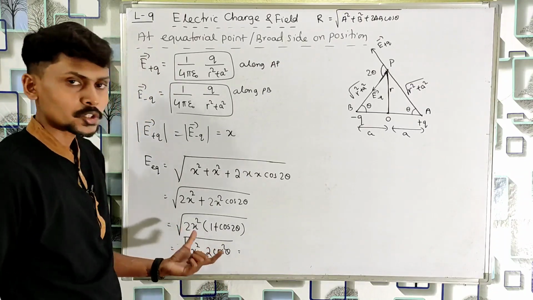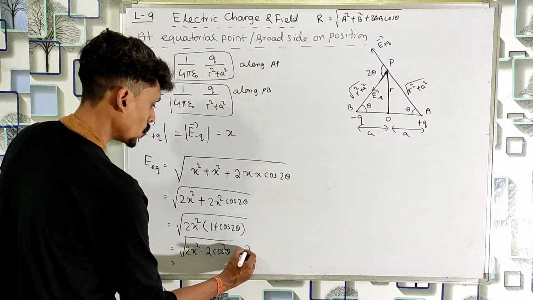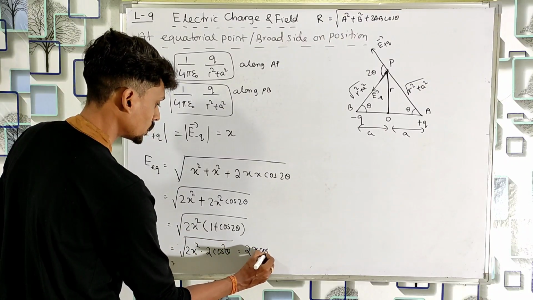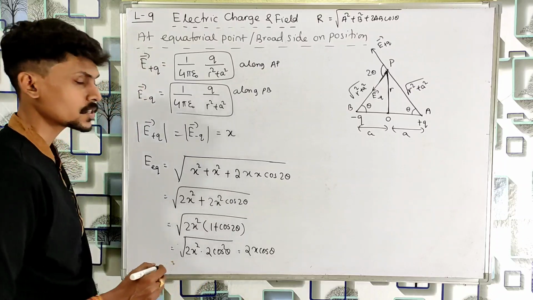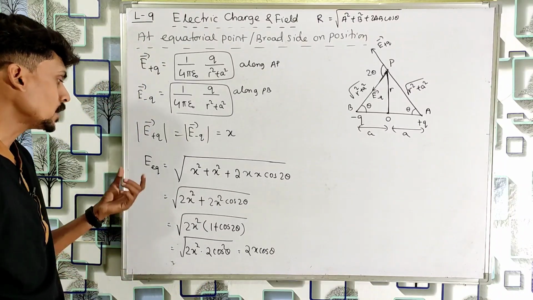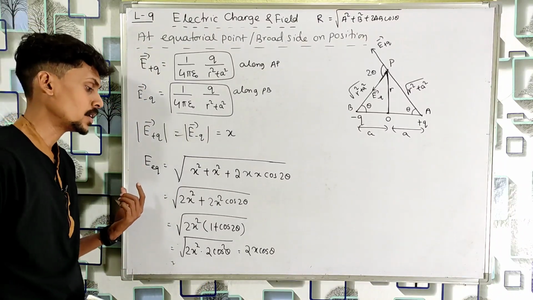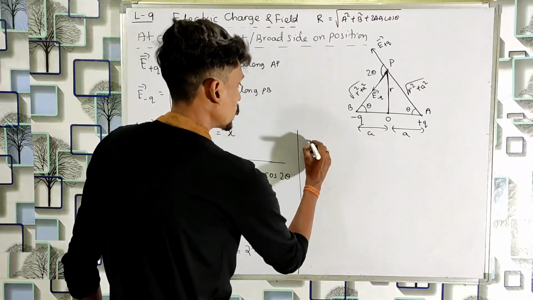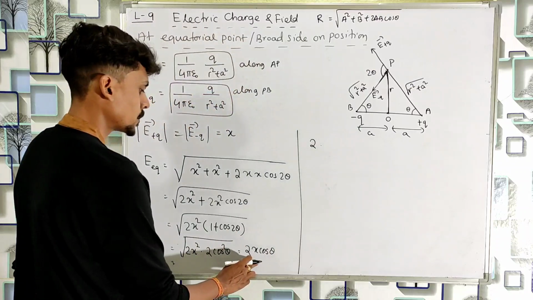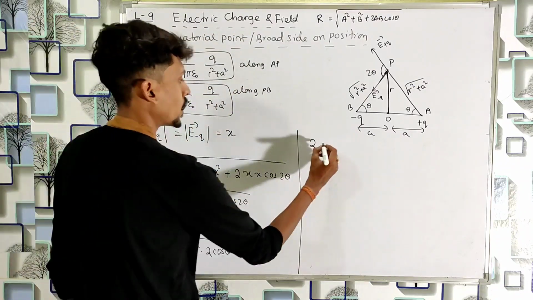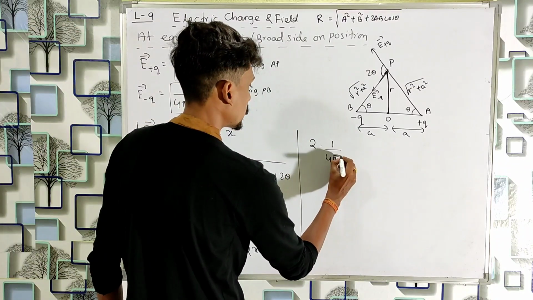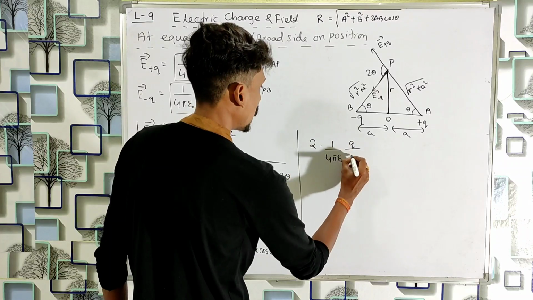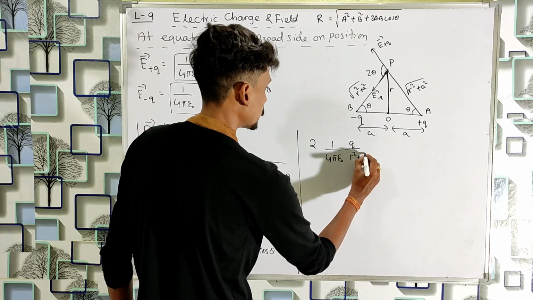So if you remove the square root, then you will get 2x cos theta. So the magnitude of E equatorial is found to be 2x cos theta. So 2 into x, what is x? X is this much, 1 by 4 pi epsilon naught q by r square plus a square.